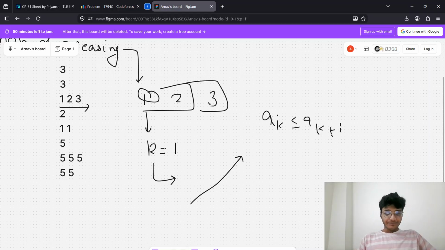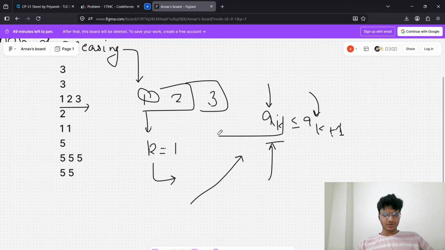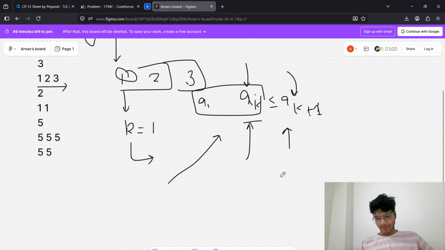Let's suppose A of K is non-decreasing, so A of K will be lesser than or equal to A of K plus 1. And we have found out up to A1 to A of K the maximum. Then when we reach A of K plus 1, okay.